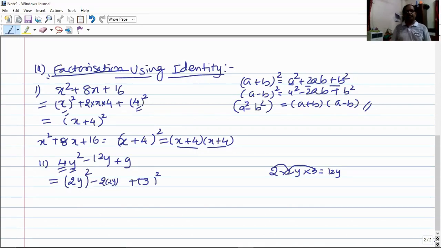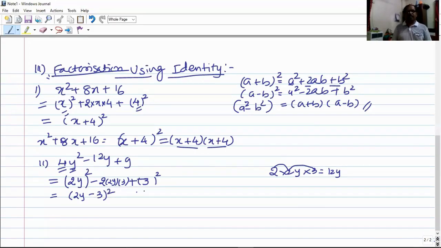So it is again in the form of the (a minus b) the whole square expansion, the second identity. Comparing with this second identity, a is 2y and b is 3. So I can write it as (2y minus 3) the whole square.